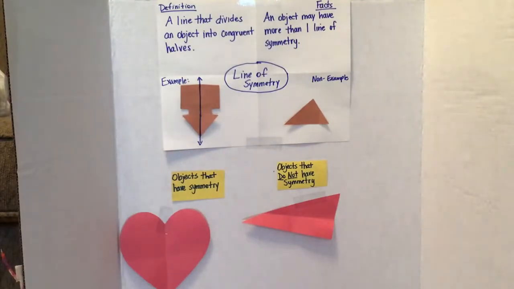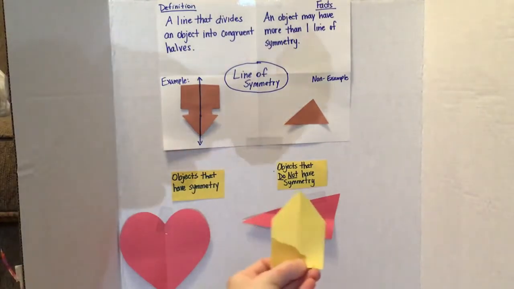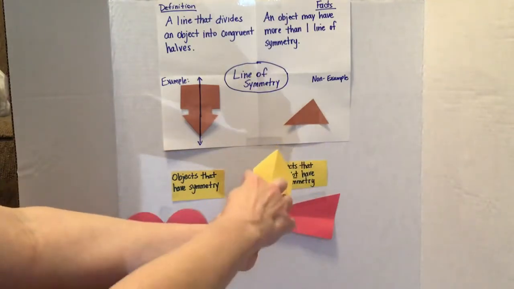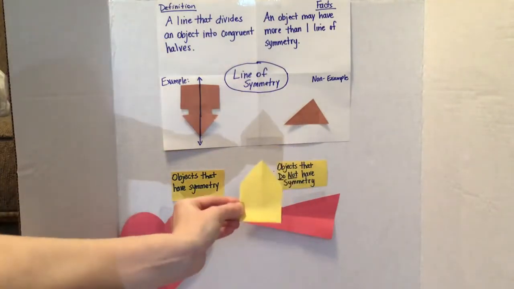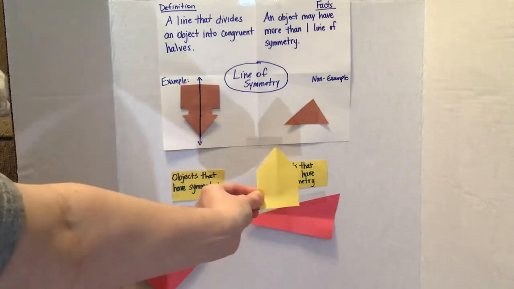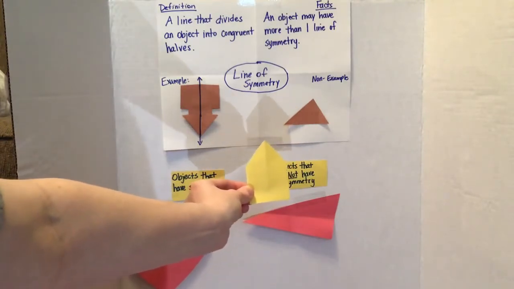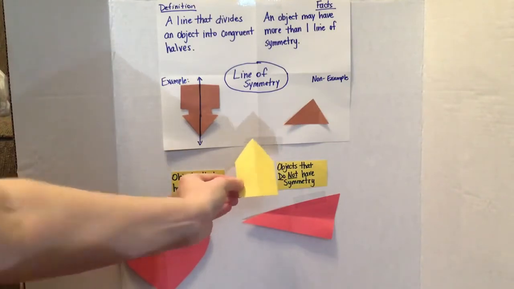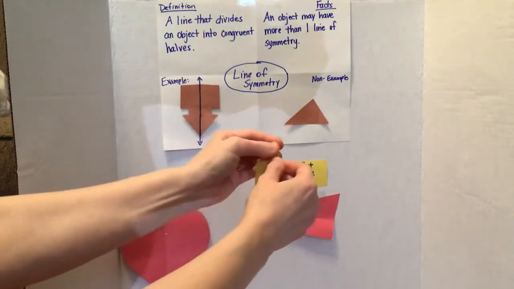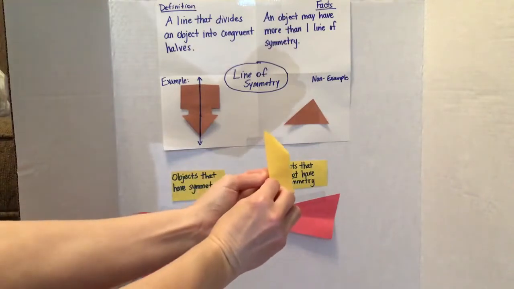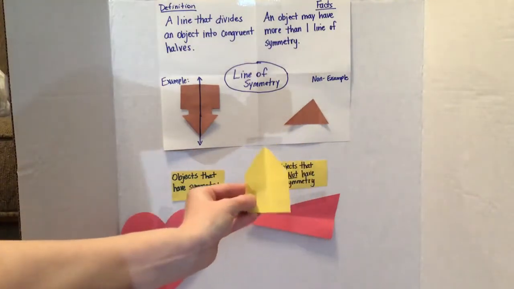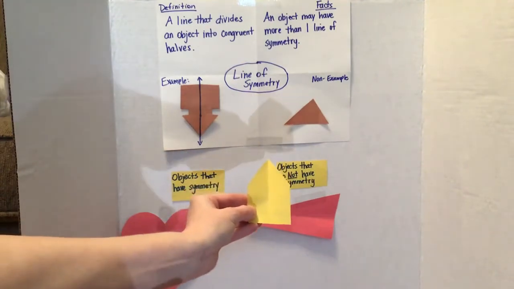All right. Now, look at this shape. A lot of you are going to remember, oh, I see 1, 2, 3, 4, 5 sides, so I remember it's a pentagon. Just looking at that pentagon, what do you think? Do you think it has any lines of symmetry? Well, let's do a vertical line first and test. If I fold it down the center, do you notice my sides match up? So it definitely has 1 line of symmetry, but let's check for another line.